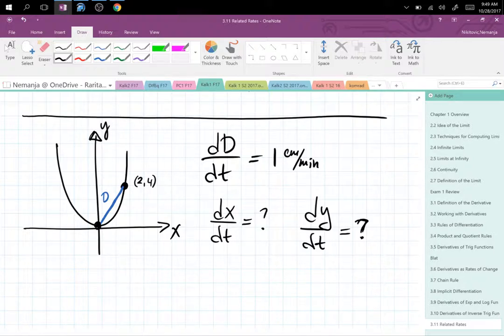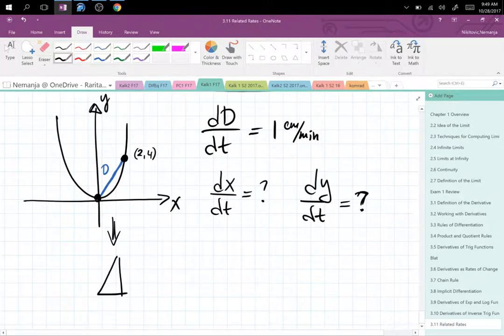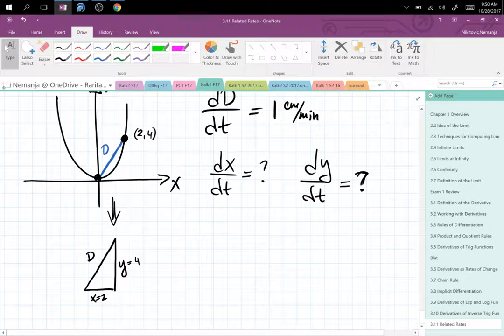Well, what I can do is bring this triangle down outside of the parabola. Terrible triangle. This is d, this is x, this is y, and we actually know that y is 4 and x is 2, but we'll hold on to it a little bit.